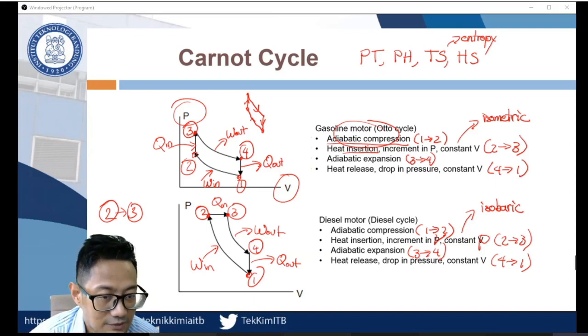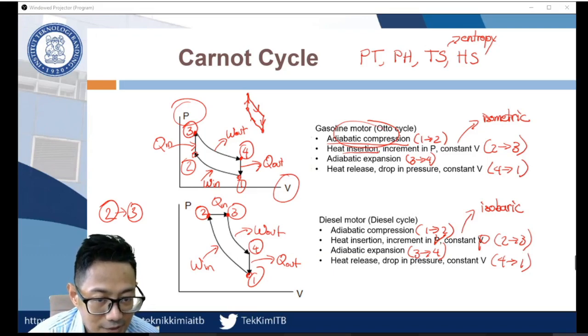Unfortunately, because there is a different step between heat insertion and heat release, when they try to push to higher RPM, it's not as smooth as Otto cycle. So most of the time, the top speed for a diesel engine is not as high as an Otto engine or gasoline motor.